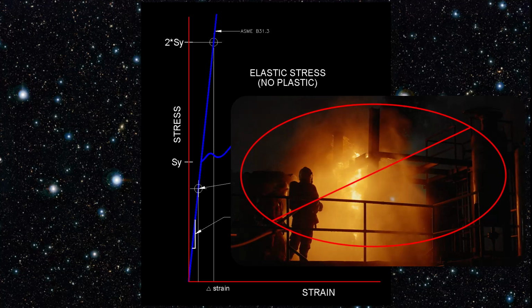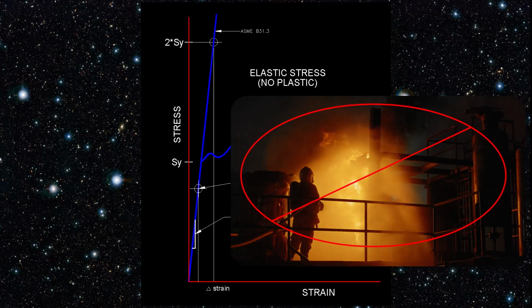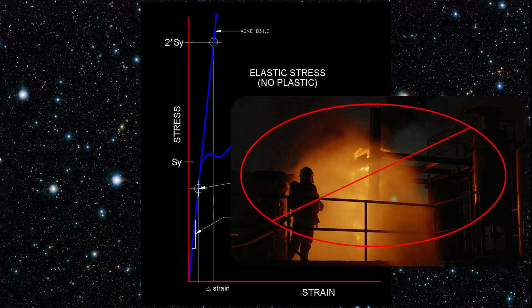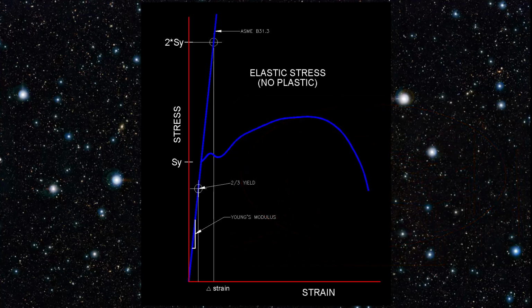Although there are times when we can use 2 times the yield stress for B31.3, paragraph 302.3.5 is the methodology where actual allowables for both sustained and secondary stresses are developed, and we go over that in this video.